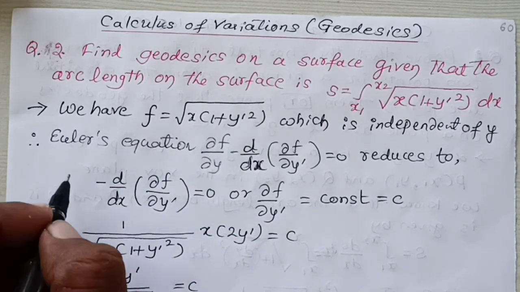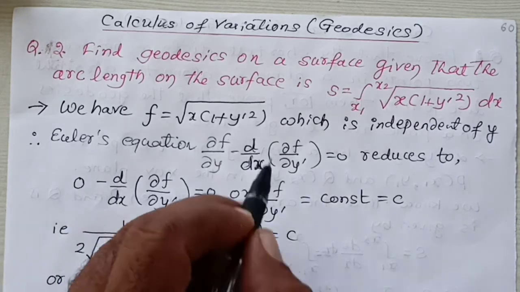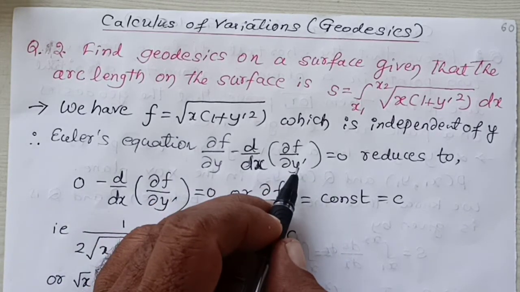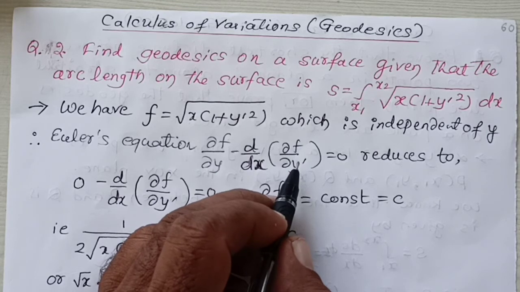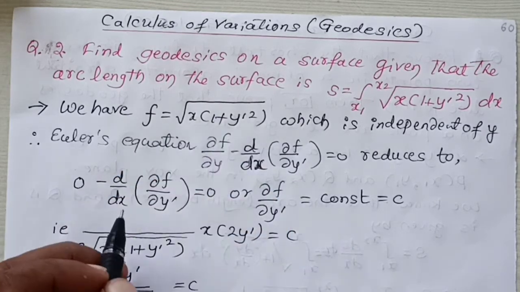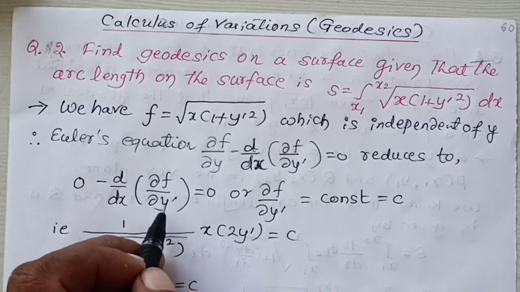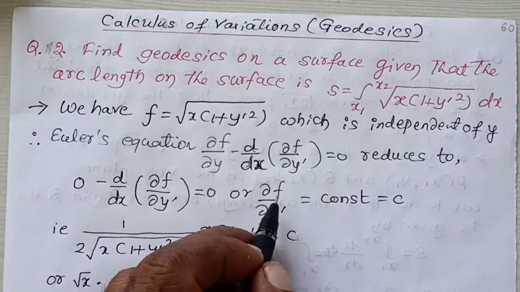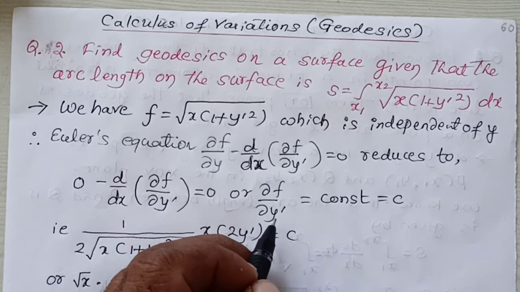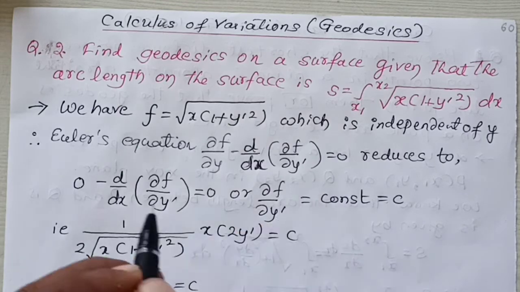So 0 minus d by dx of dou f by dou y dash equals 0, or dou f by dou y dash equals a constant c. That means we have to integrate this term.